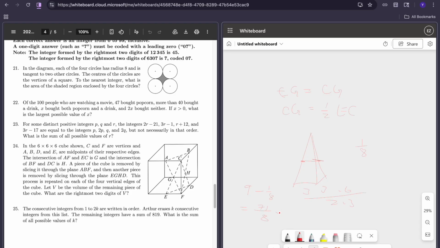And then times 2, we get 71/4, which is one vertical edge. 71/4 times 4 edges, we get 71.